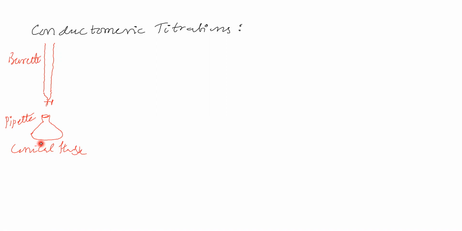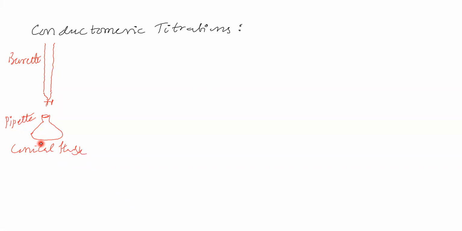Next, redox titration is there. In redox titration, suppose you take an oxidizing agent in the burette, and in the conical flask you take a reducing agent, and you do titration. Next, precipitation titration is there. In the same way, conductometric titration is there.